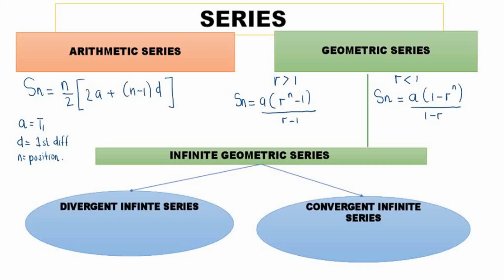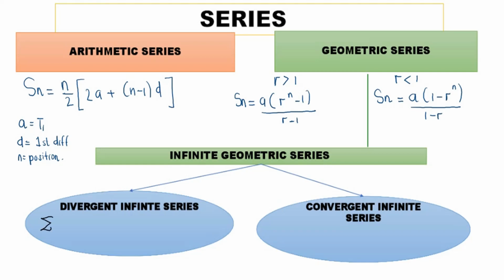So an example of this would be, let's say they give you an infinite geometric series of this form. I'm going to give you this infinite geometric series in sigma notation, but we are still going to go into depth and explain what sigma notation is.